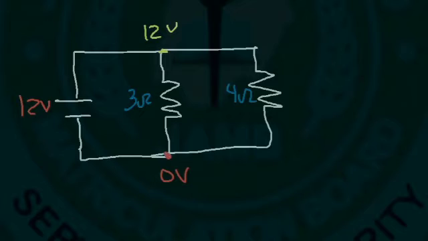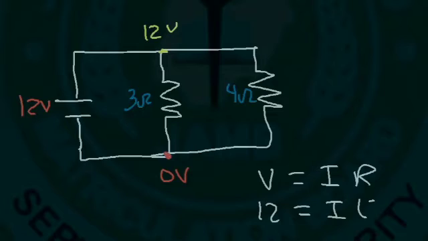We can use Ohm's Law. Voltage is equal to current times resistance. So the voltage across the 3 ohm resistor is 12, and the resistance is 3. So 12 divided by 3 is 4. Therefore, 4 amps of current flows through the 3 ohm resistor.